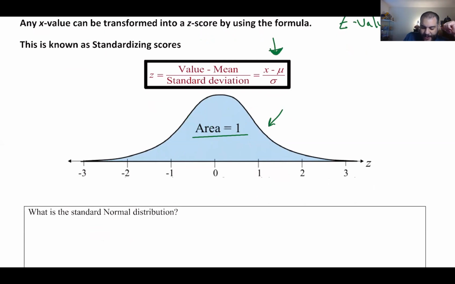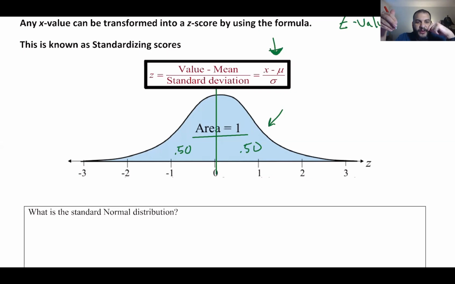Also, if I were to cut this in half, since the whole area is equal to 1, 50% or 0.5 will be on the left-hand side, and 0.5 will be on the right-hand side. So if you cut the area in half, half of it should be on the left side, half on the right-hand side.